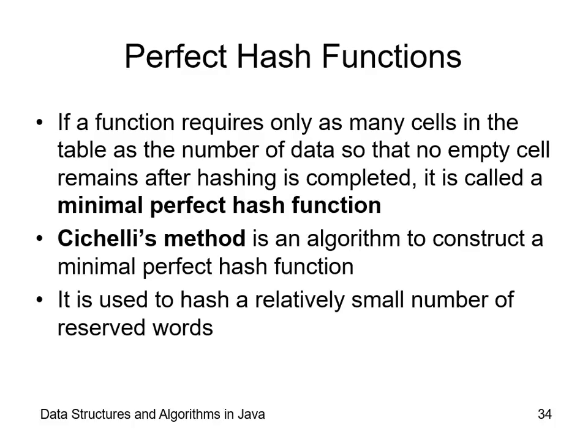So what is a perfect hash function? What don't we want in a hash function? When two inputs, or two data, are passed into the function, it returns the same location.